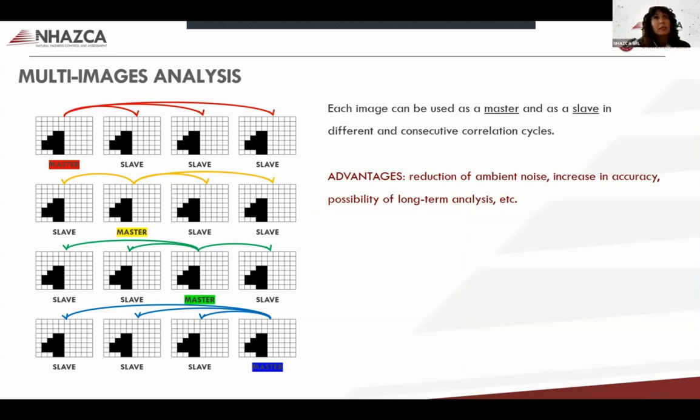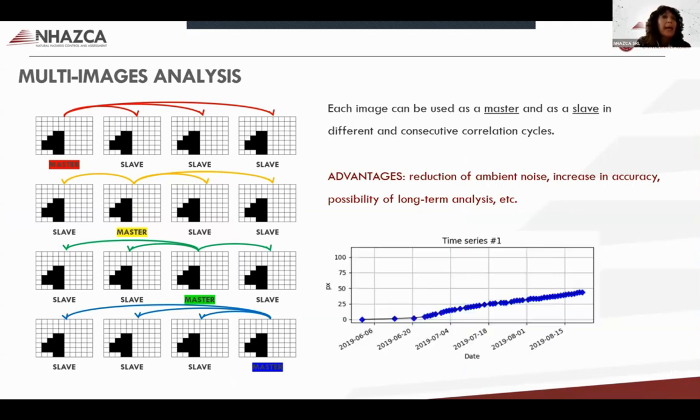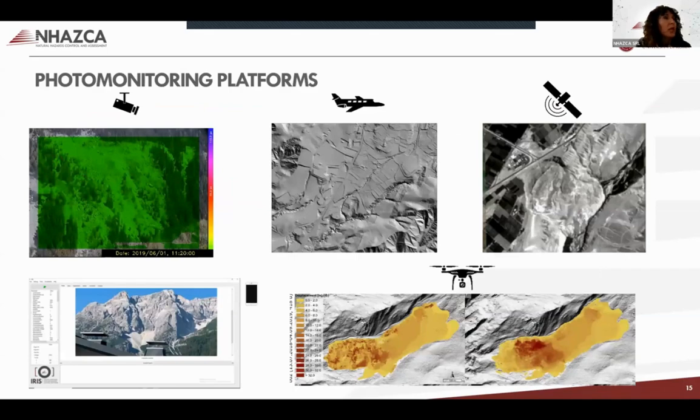In this way, the redundancy helps to increase the accuracy of the result. And as a result, we can also extract from every single pixel of the deformation map a time series that tells us about the movement of the single point in time, and so the evolution of the deformation, of the displacement.